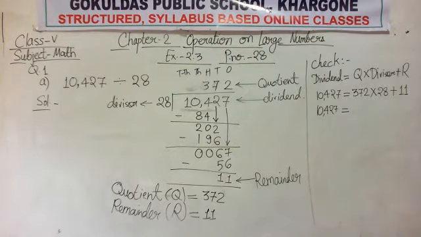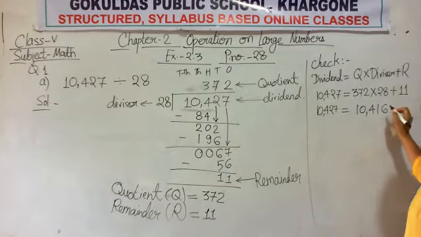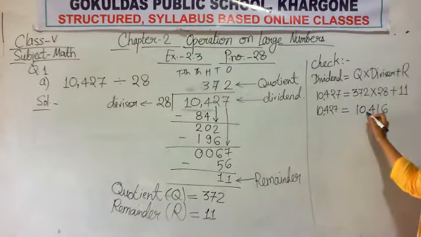Multiply and tell me the answer. Multiply 372 by 28. What did you get? When you multiply 372 by 28, you will get 10,416 as the answer.